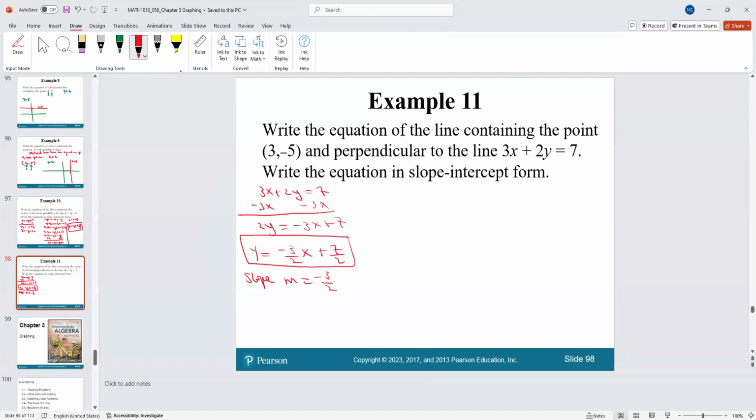Now, since perpendicular lines have slopes that are negative reciprocals of each other, we use the slope of 2/3 for our new equation together with the given point.